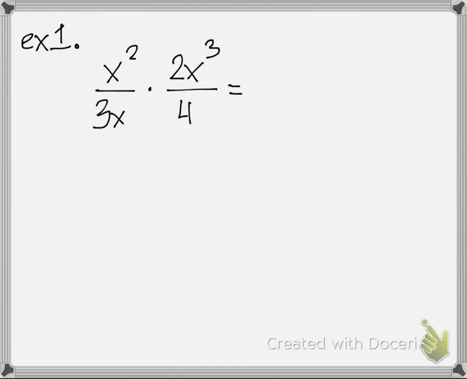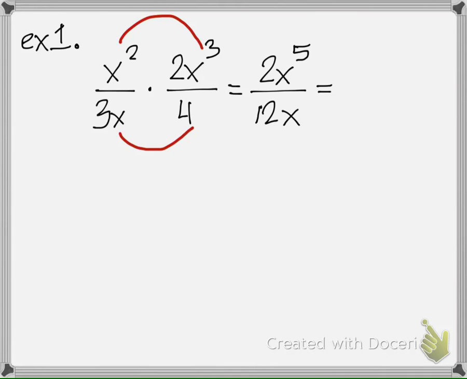Well, when you multiply those, you literally multiply the two numerators, and that gives us 2x to the 5th power, and then you multiply your two denominators, that gives you 12x. Now, we're not quite done here because we know we can definitely simplify.